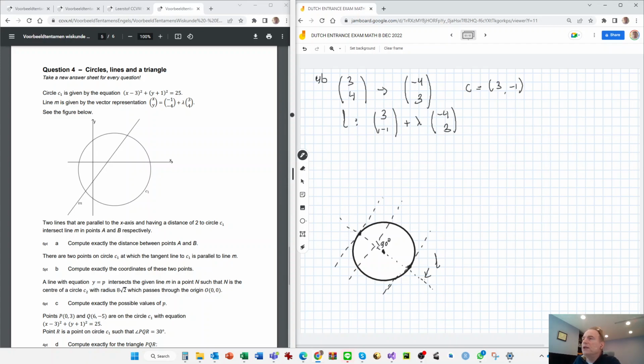So we get 3 minus 4 lambda minus 3 squared plus 3 lambda minus 1 plus 1 squared. Lambda minus 1 plus 1 has to be equal to 25.